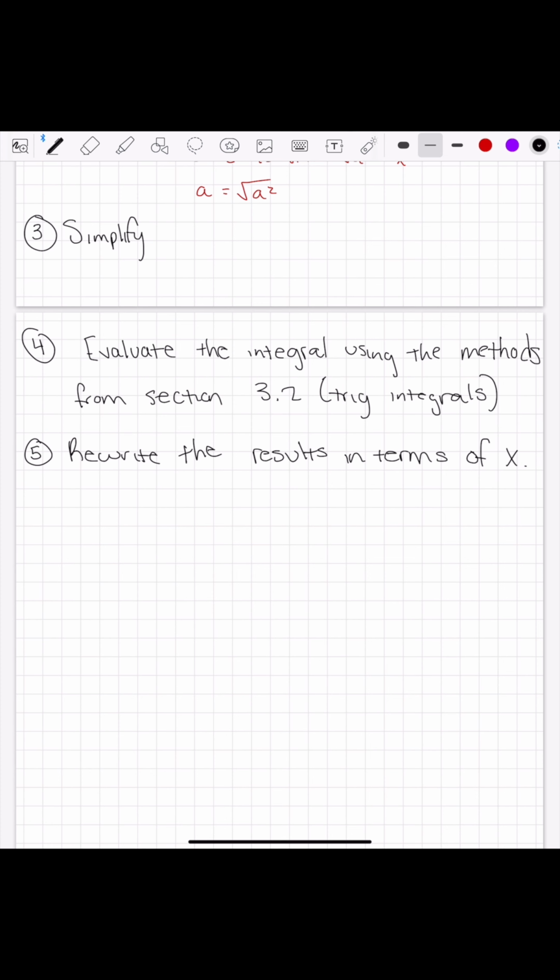So let's do an example. So let's say we were told to evaluate the integral of root 9 minus x squared dx, right? So, right, this is of the form square root of a squared minus x squared. So here our a squared is 9, so that makes our a 3, right?